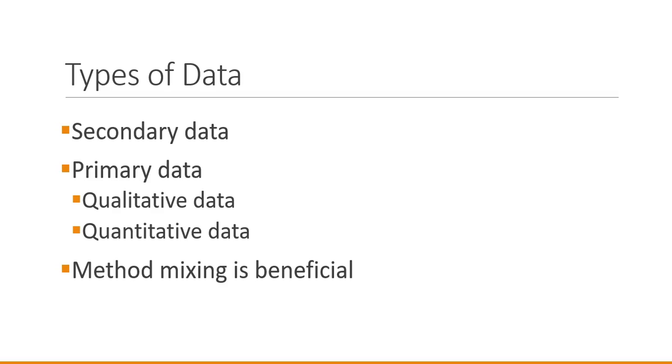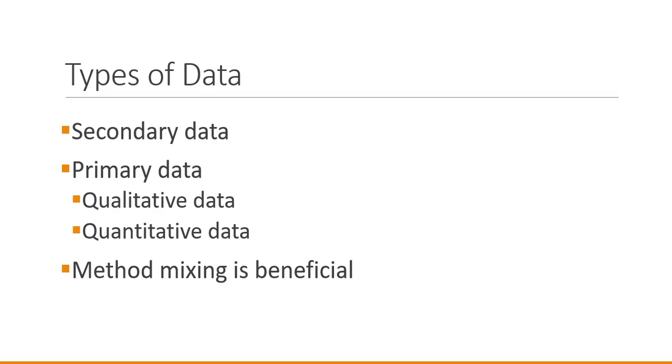Secondary data is nice because it's available and it's not expensive because you're not doing the work to gather it. On the other hand, primary data allows you to customize and be precise in obtaining the kind of data that is exactly what you need or close to what you need for your particular project.